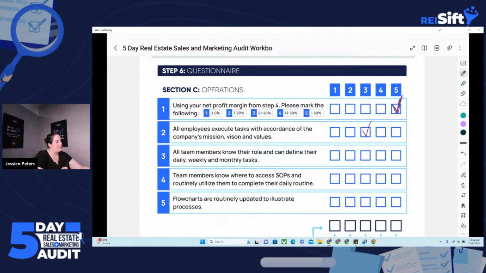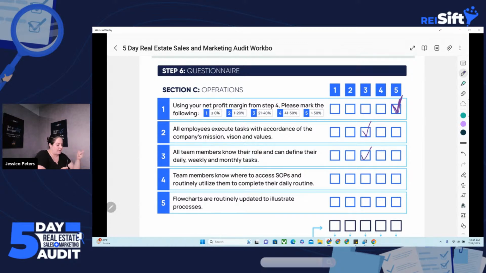As that's happening, we're going to define my role, and I have to know what I'm doing daily, weekly, monthly, and I can define that, so I know what my responsibilities are. I can be held accountable for those responsibilities, and then if I leave the company or get promoted and somebody else fills that role, it's defined, right? So we want to have that defined. I'm going to give us a 3 on that one.